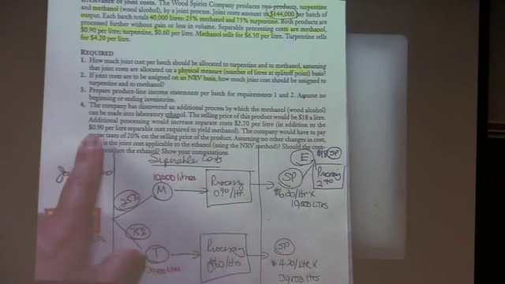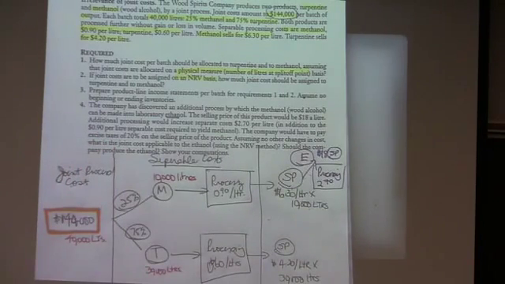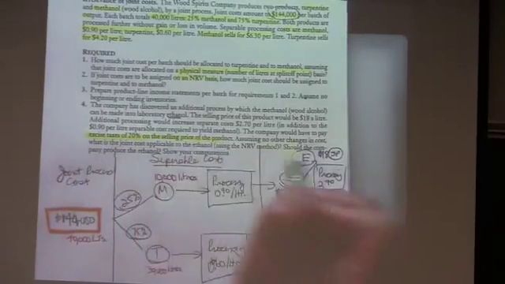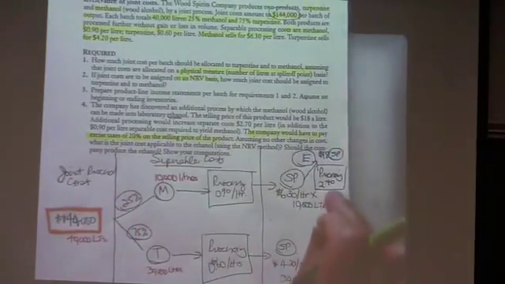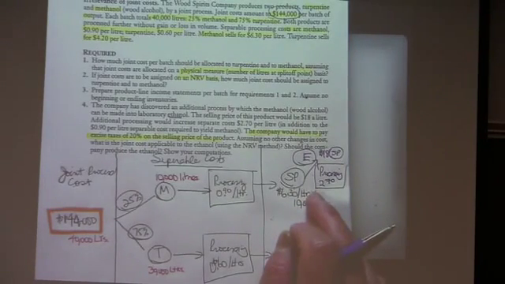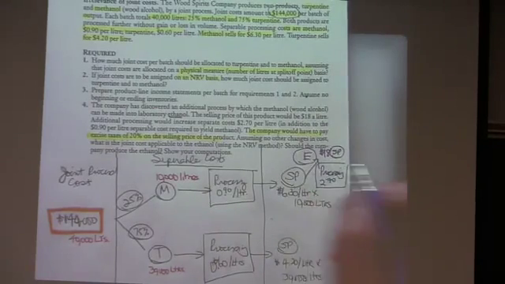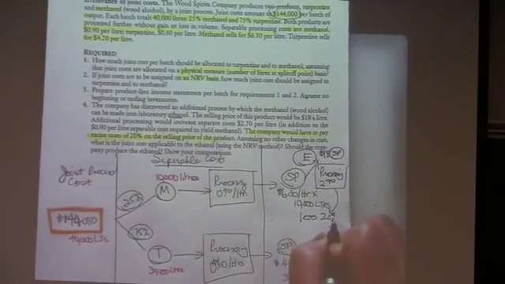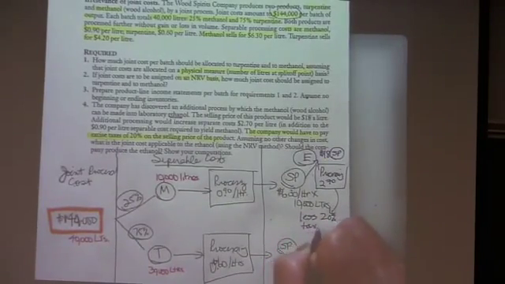Now the company would have to pay excise tax of 20% on the selling price of the product. So we also have to tack in an additional cost of 20% of the selling price as excise tax. So I'm going to write this down, less 20% taxes.